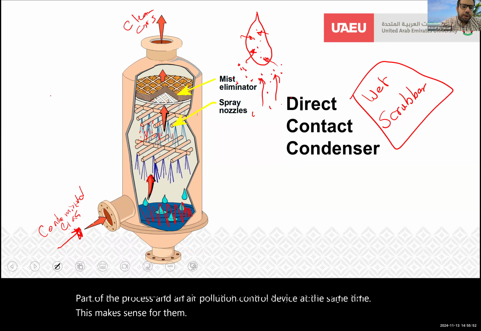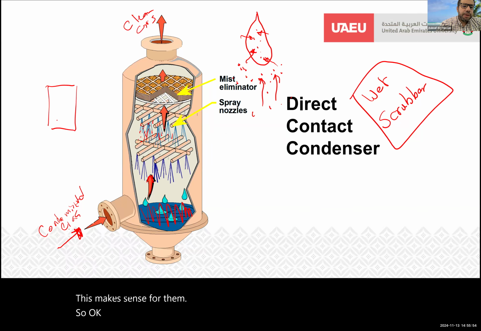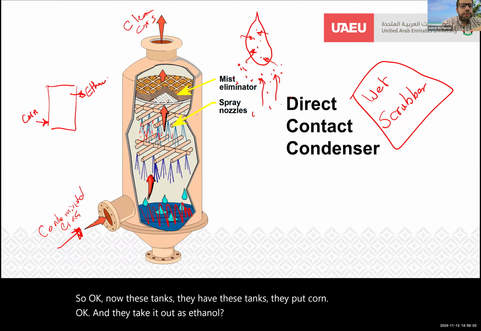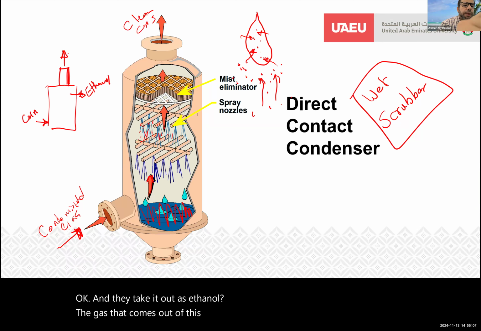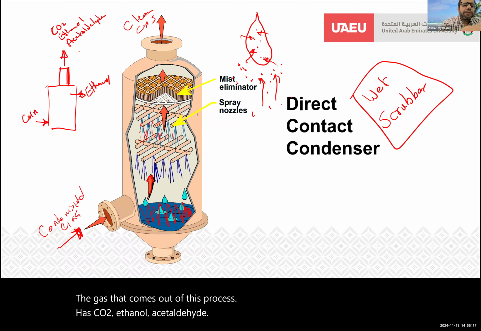So, okay, they have these tanks, they put in corn, and they take it out as ethanol. The gas that comes out of this process has CO2, ethanol, acetaldehyde, formaldehyde, methanol, and a lot of compounds.